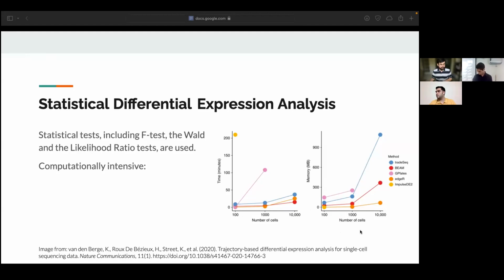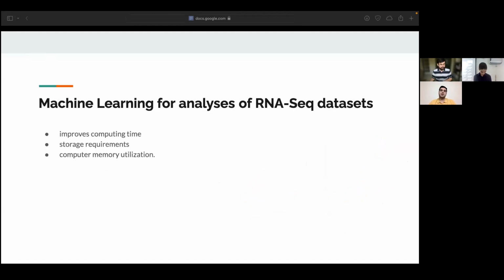Also, it requires a lot of computer memory. So with the advent of machine learning, the machine learning algorithms improve the computing time, the storage requirements, and the memory utilization in analysis of RNA sequencing datasets.